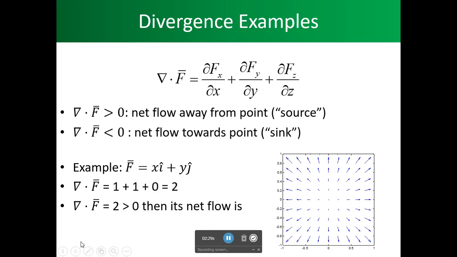So we see here that the divergence is equal to 2, which is greater than 0, so its net flow is away from the source. So it's like a shower head. It's like the sun's rays.